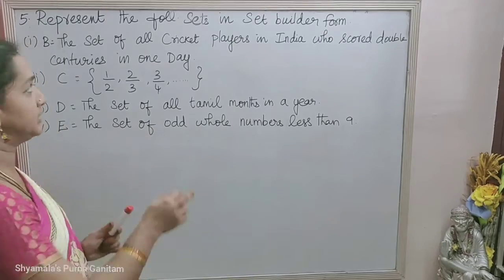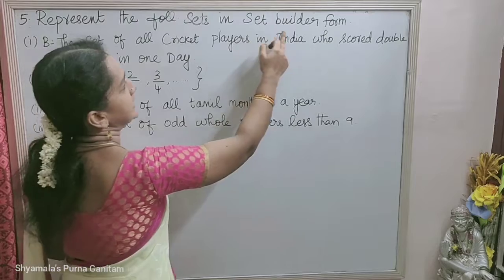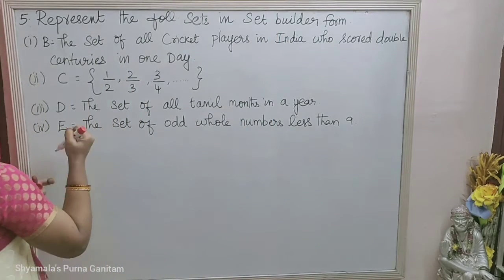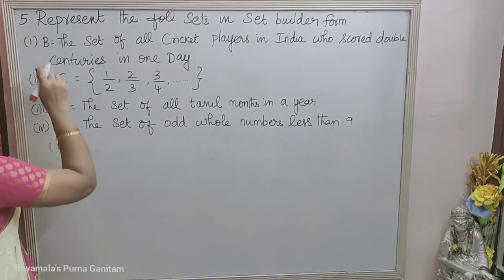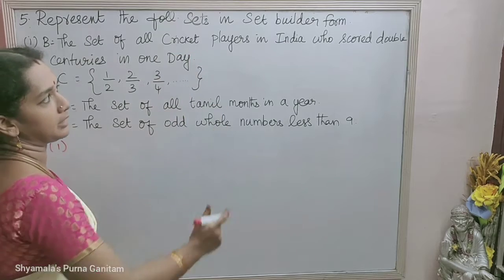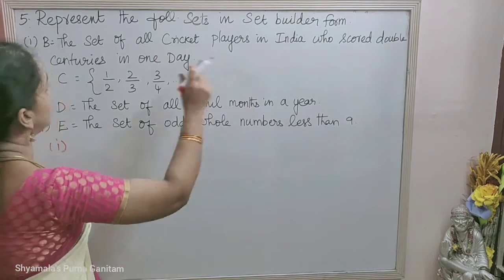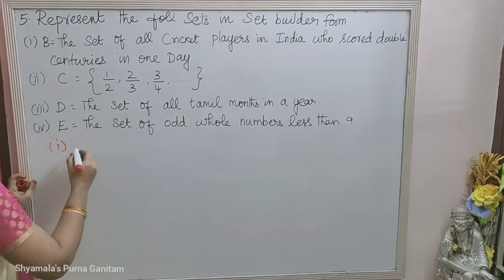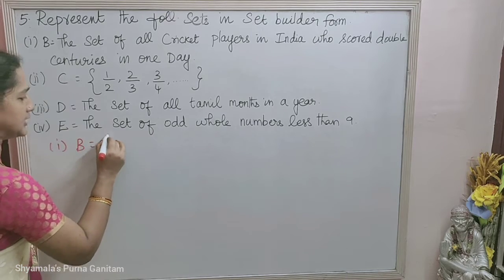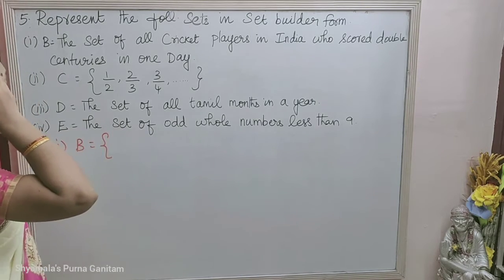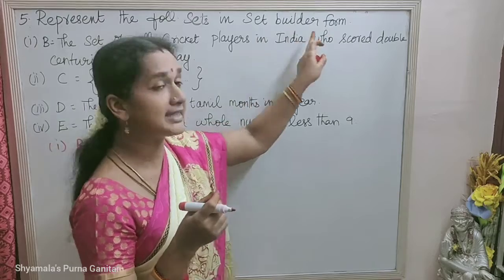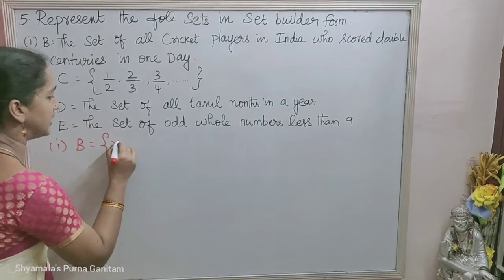Okay. This fifth one: represent the following sets in set builder form. First one is B is equal to the set of all cricket players in India who scored double centuries in one day. We are asked to write the answer in set builder form, so we are building that set.